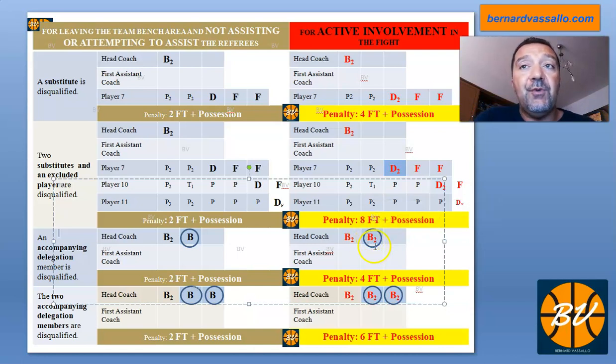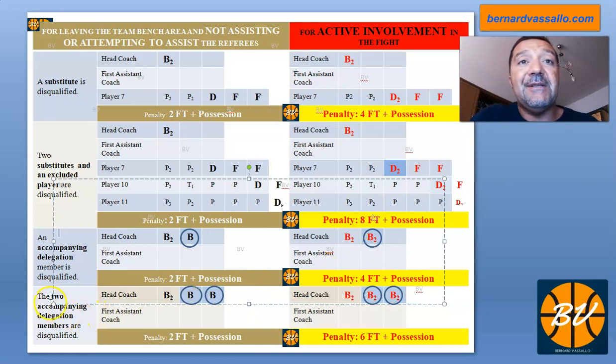Again, the B2, which is the disqualification of the injured player, is circled, and again that circle indicates that that particular technical foul, although it is written in the head coach's row and column, the circled B2, does not tally up with the head coach's summation of fouls for disqualification.